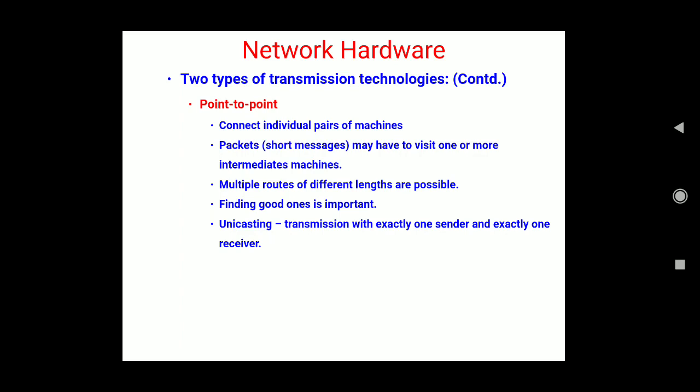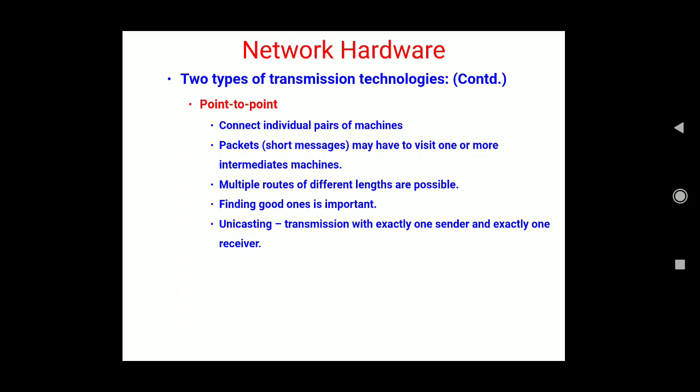Now finding a good one based on either the communication length, the communication quality, or some hindrance in between, for example, is important. Even though different routes are possible, finding a good one based on these parameters or some other parameters is important.